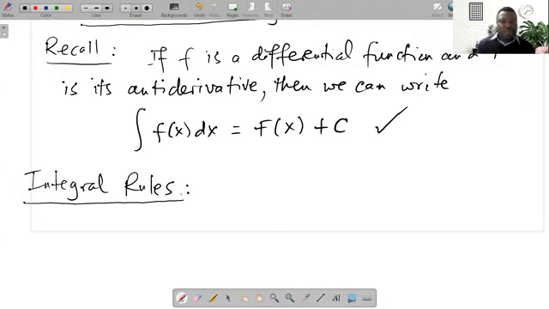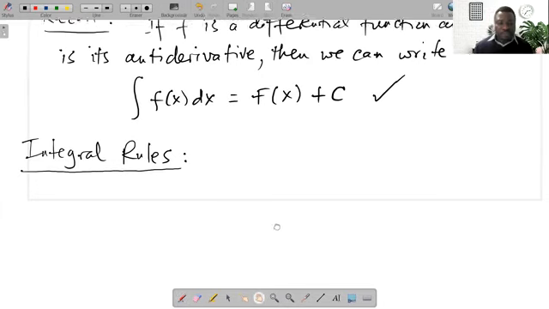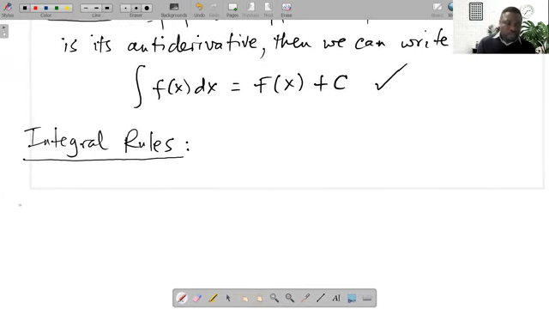I believe that if you look at the first video, there are certain things that we talked about there, which are coming from the rules, but we just want to delve deeper into what the rules are all about. And so the first one is the constant rule, or the constant multiple rule.